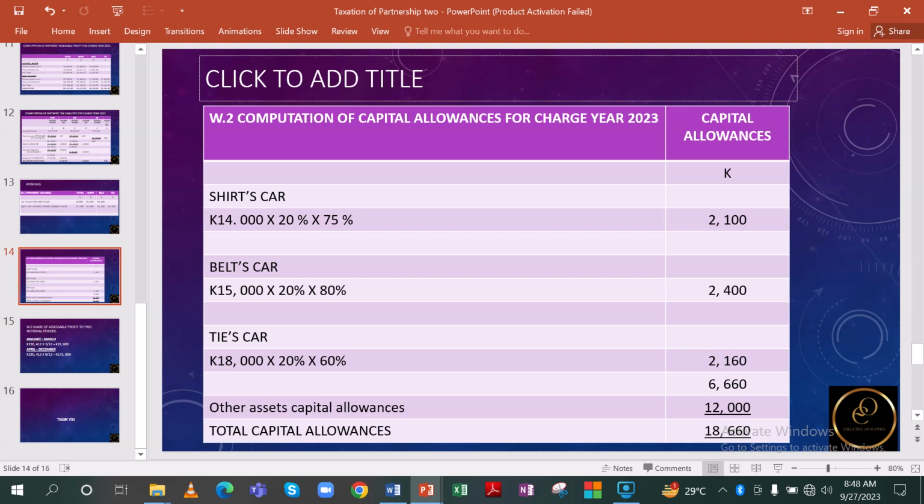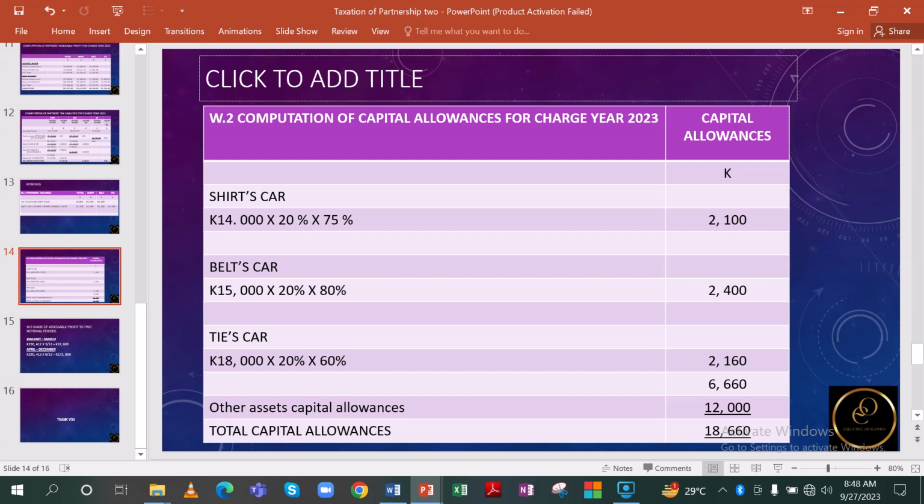Okay, so this one, 14,000 for Shed, capital allowance 20%. Now remember that this car was only 75% used in business, so we are only going to claim the business portion. So you get 14,000 times 20% capital allowance, then the business proportion, which is 75%.